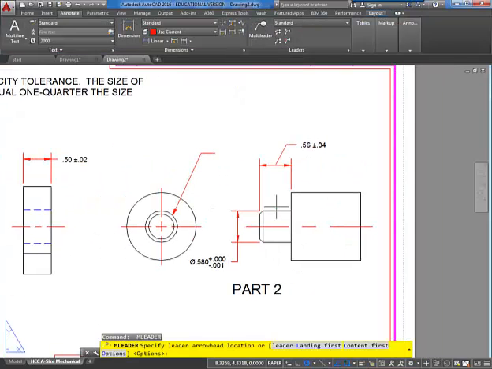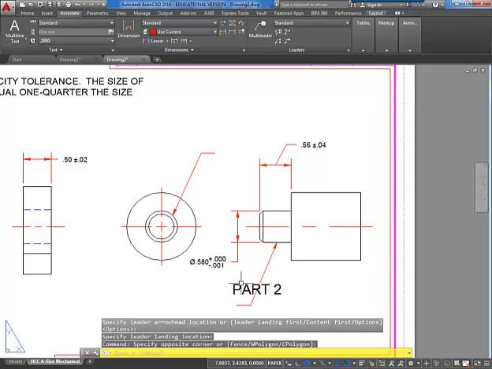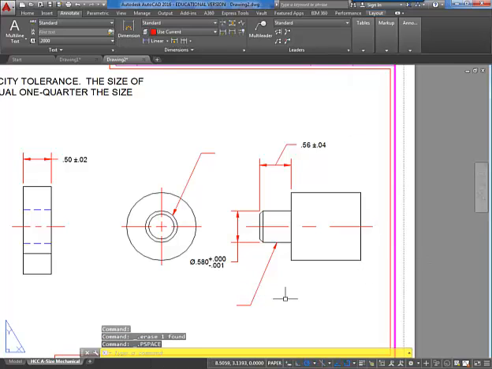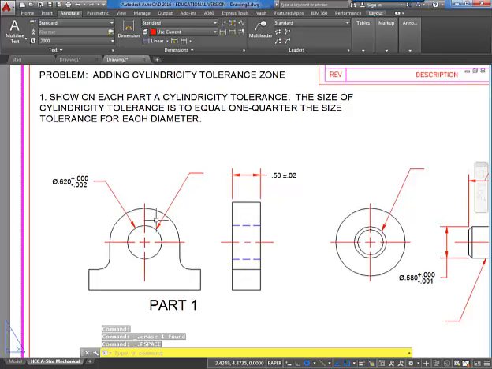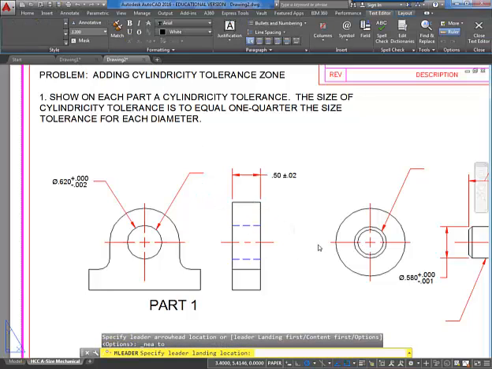And then, actually, I'll bring it down below. And I'll just get rid of this text here. Feel free to do that as well. So this would be appropriate on either one of these. Technically, you can point to a cylinder shape over here, but since it's hidden and we don't dimension to hidden lines, this would not be appropriate.